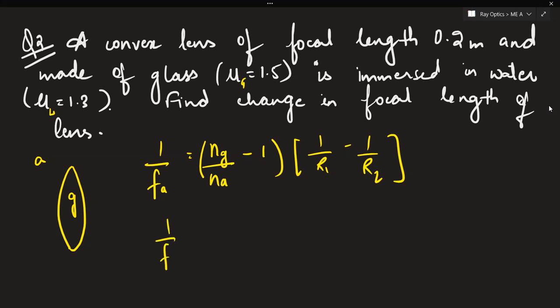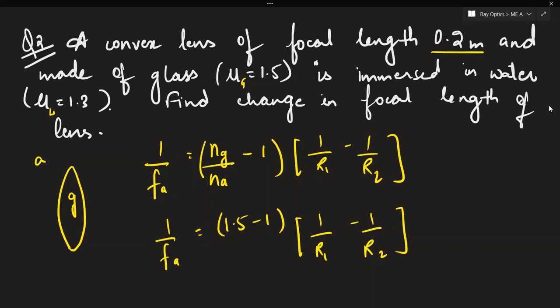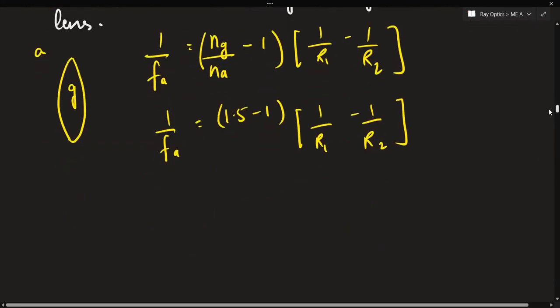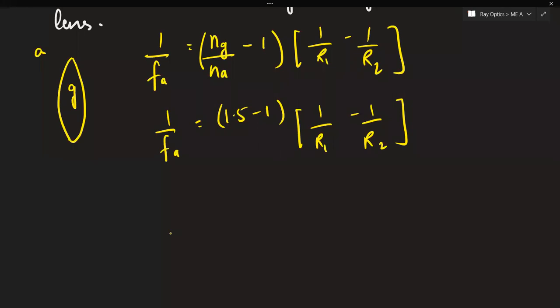Now see, 1 by focal length in air will be 1.5 minus 1, times 1 by R1 minus 1 by R2. This focal length in air is given to you: a convex lens of focal length 0.2 meters. So let us put the value, and from here we'll get the value of 1 by R1 minus 1 by R2. Understood?